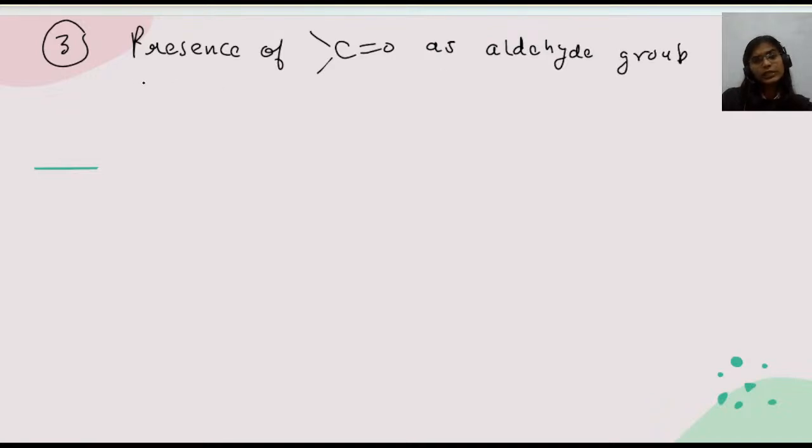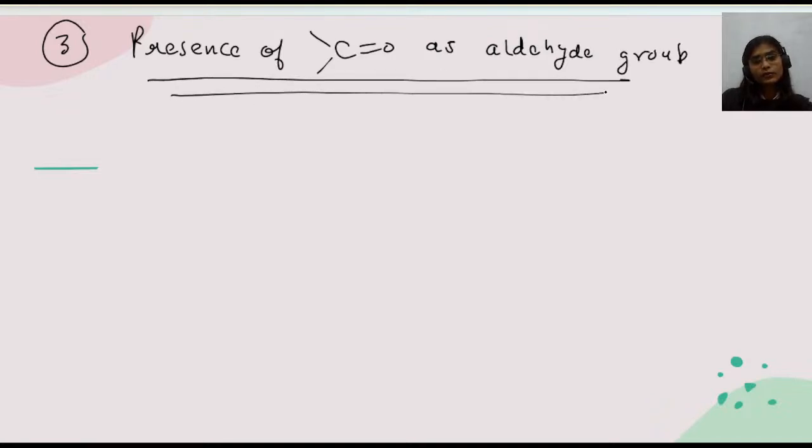This reaction is really important. It is a most commonly asked question in previous years: how to check the presence of CO as aldehyde. Let me first write the theory, because theory is also important.